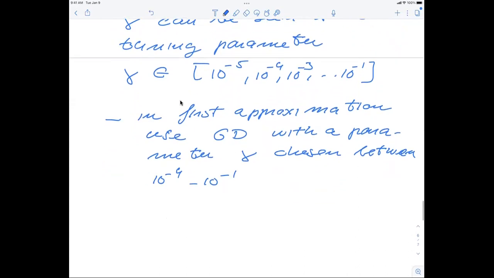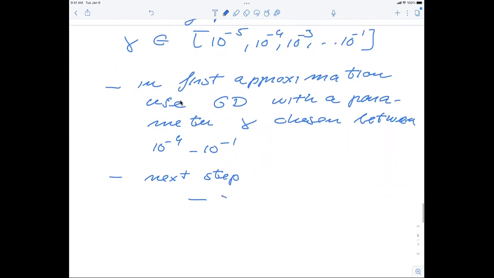So the next step could now be the following. That could be either including what's called a stochastic gradient descent, which we will discuss a little bit more next week. Or you could now include this pseudo Newton-Raphson method.